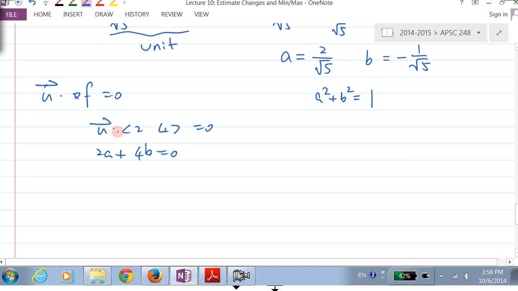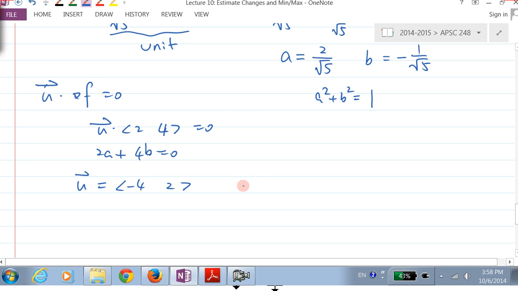So if you have u hat perpendicular to del f, then any vector in the same direction as u hat will also be perpendicular to del f, right? So now you have 2, 4 here. What u can give you the dot product equal to 0? One solution is u equal to negative 4, 2.